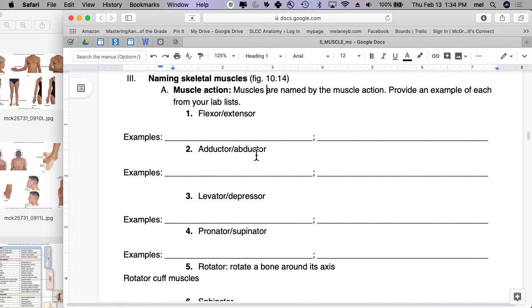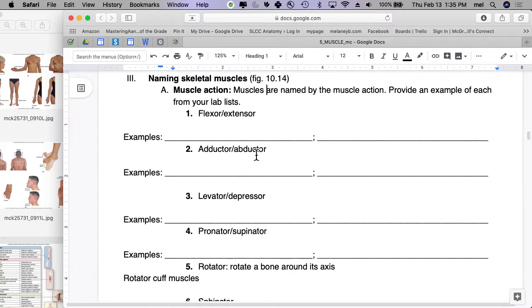If you run into a muscle that's called a flexor, if it's anywhere but the knee, it's probably going to be on the what surface? Anterior surface, exactly. Did you learn any anterior flexors this week? Flexor carpi radialis, flexor carpi ulnaris, right? So you've got some flexors.